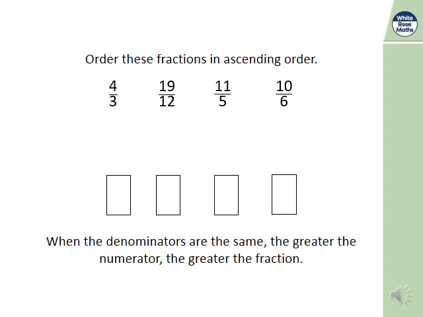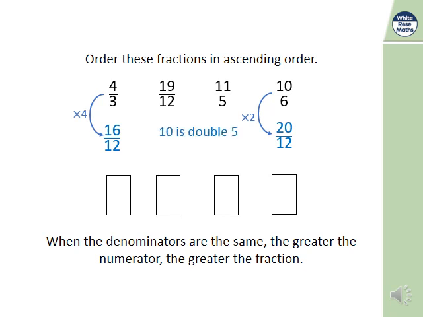Another way we could do it, we could concentrate on those three. 4/3 we could change to 12ths, to 16/12ths, by multiplying by 4. 10/6 we could change to 12ths by multiplying by 2 to 20/12ths. 19/12ths would have stayed the same, but what's tricky is looking at our 11/5ths.